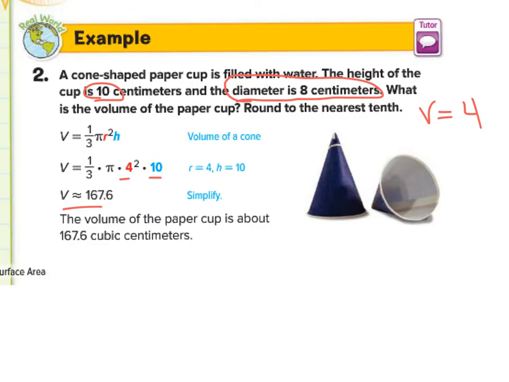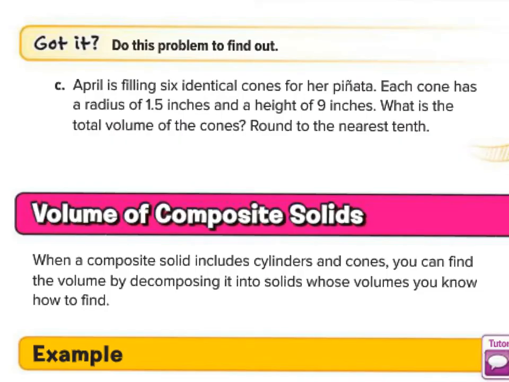And when we multiply straight across, we get the volume. So let's try that now. Let's read it together, and when I'm done reading, you can try it on your own. April is filling 6 identical cones for her piñata. Each cone has a radius of 1.5 inches and a height of 9 inches. What is the total volume of the cones? Round to the nearest tenth. Okay, let's point out some of the important information.